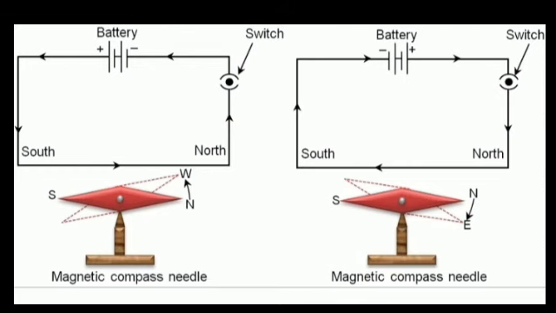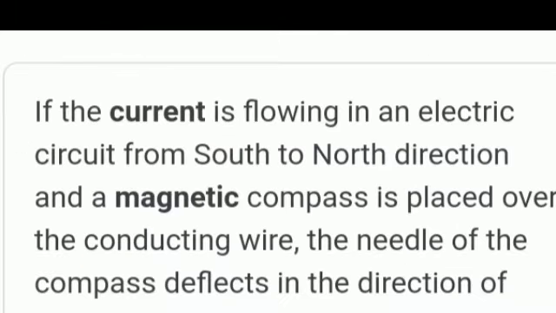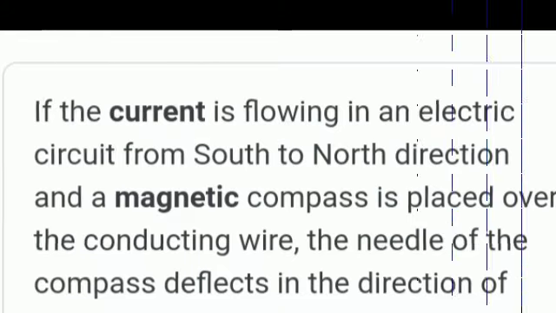Yes, a magnetic effect is observed because of the current in the wire. This means electricity and magnetism are closely related to each other. If the current is flowing in an electric circuit from south to north direction and a magnetic compass is placed over the conducting wire, the needle of the compass deflects in the direction of west.